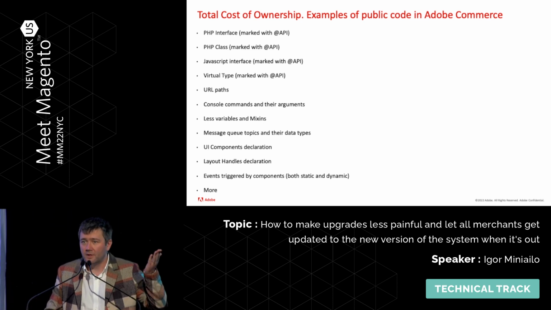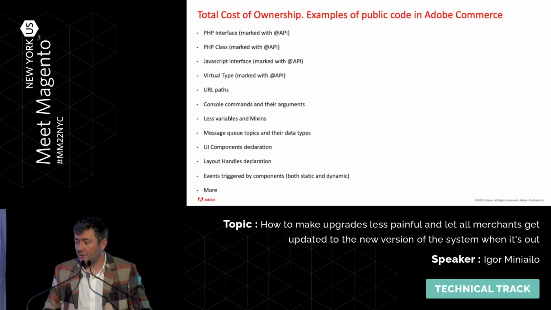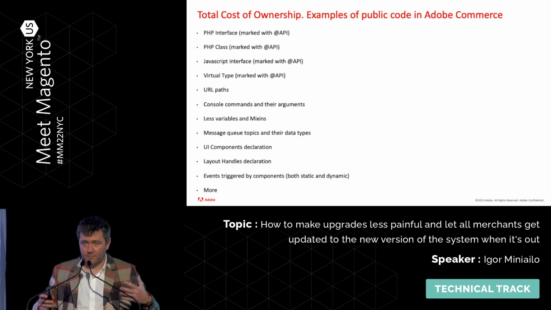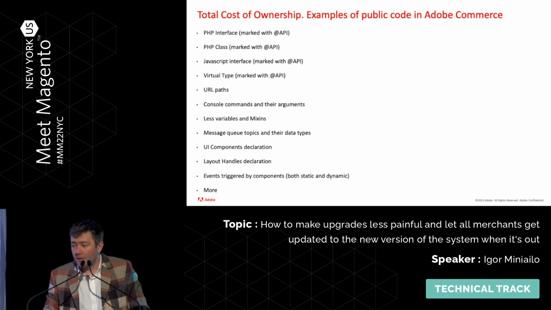The PHP product model is a good example, so we consider both the product interface and the product model, because the class has some additional methods which the interface does not provide. We consider quite a lot of JavaScript as an interface as well. We have quite a lot of declarations and so on and so forth, so all of that introduces a pretty big set of different APIs.